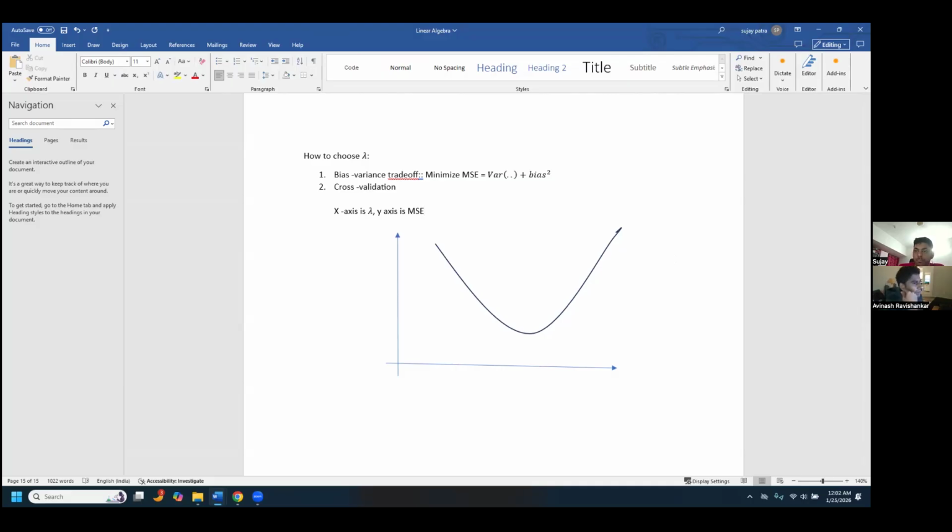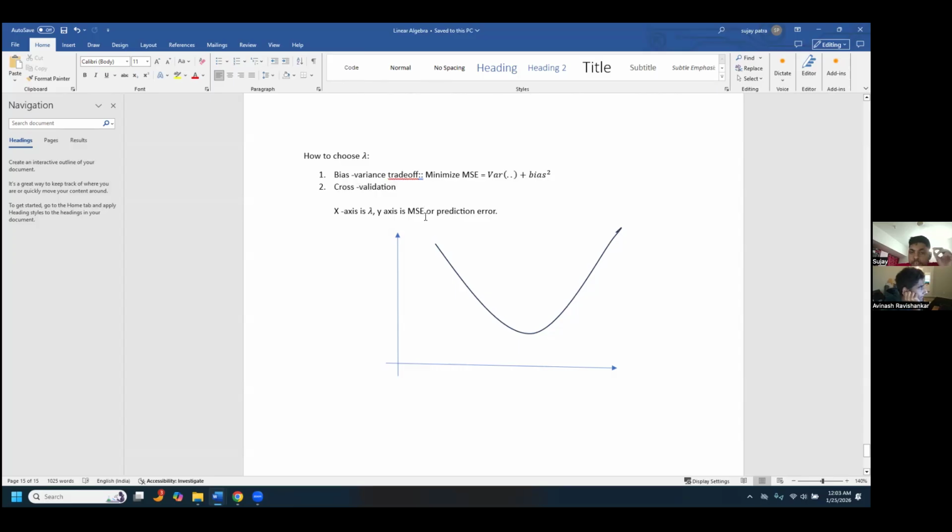Got it. And maybe an advanced question: as we go into more machine learning models, is lambda the only hyperparameter? For this model, lambda is the only one. In other models, there might be more, so we'd have to pick other hyperparameters as well. But are all of them based on the MSE with the variance and bias trade-off? Need not be. There are other methods, but cross-validation generally works for most methods.